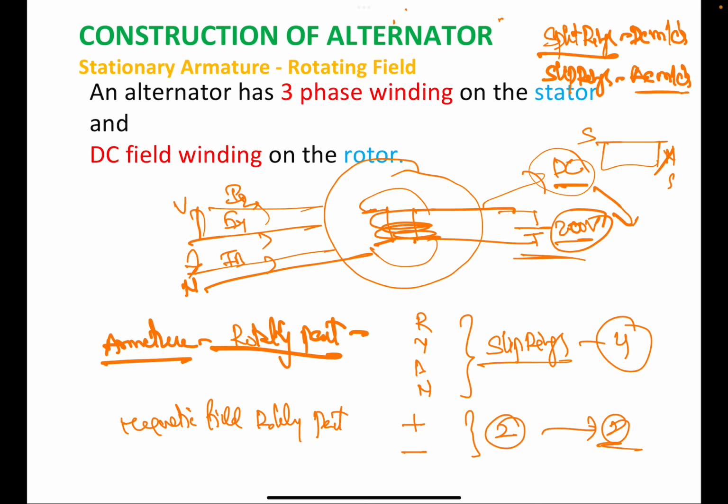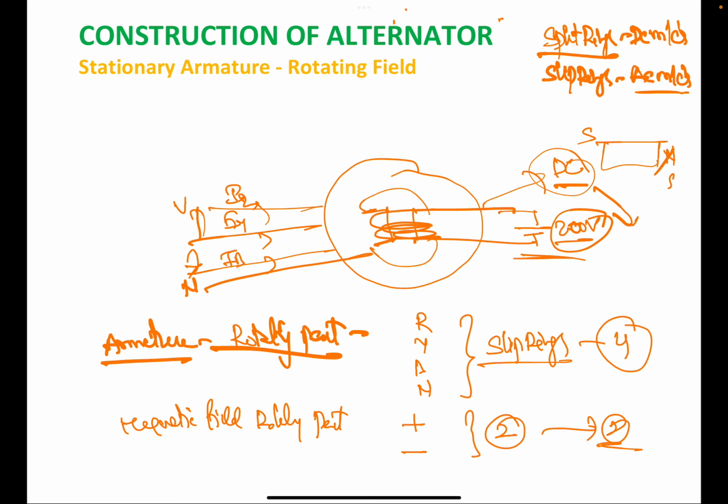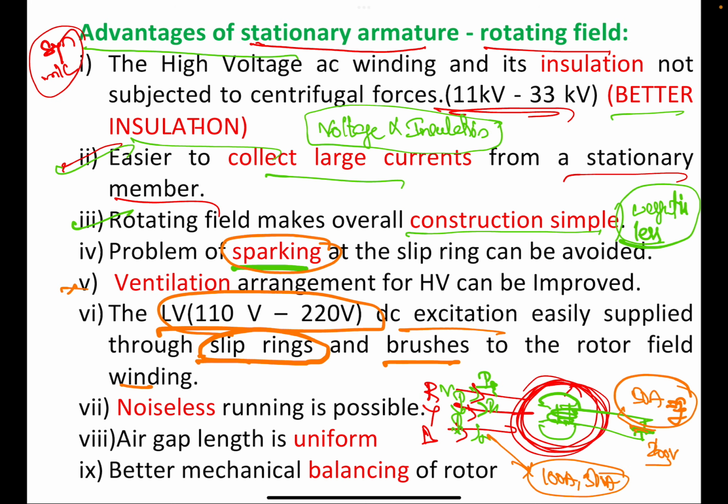So this also reduces the cost. Overall, it is easy to transmit the power, the number of slip rings will be reduced, sparking will be less, running is noiseless, and the air gap length will be uniform when the magnetic field is kept in the rotor, and there is better mechanical balance.